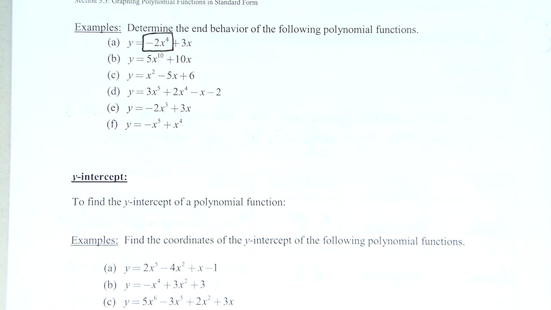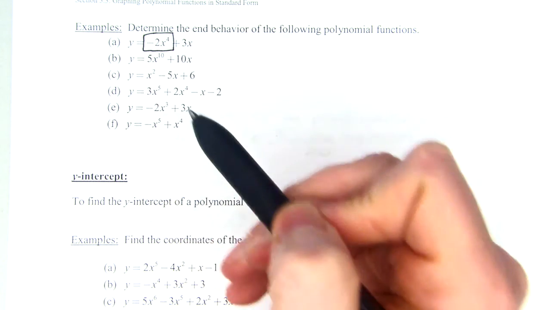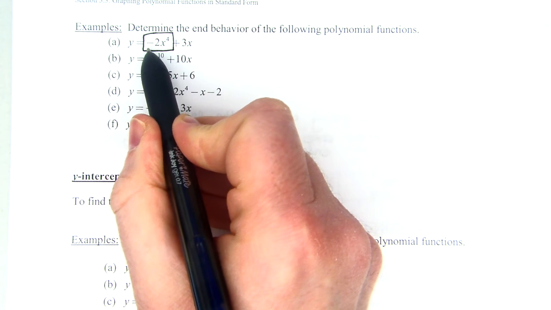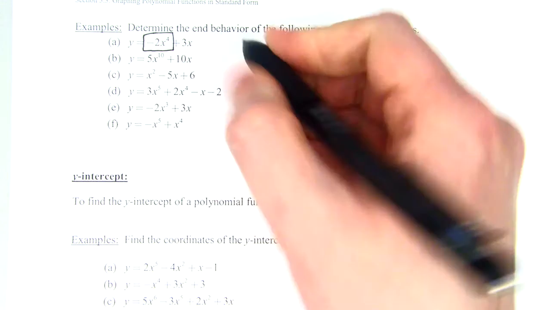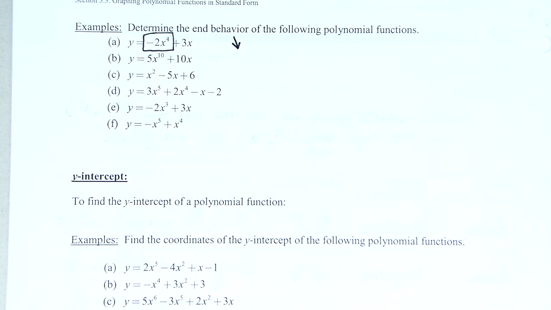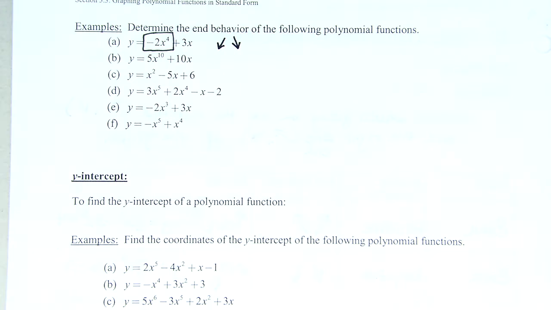Or if we want to use our shortcuts, I notice that the degree is even. That tells me they're both pointing in the same direction. Leading coefficient is negative, which means I'm going to end by pointing down. And since the degree is even and they're going in the same direction, I'm going to start by pointing down. So my end behavior is down and down.